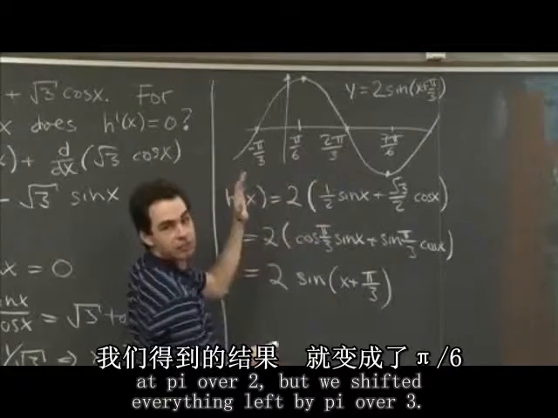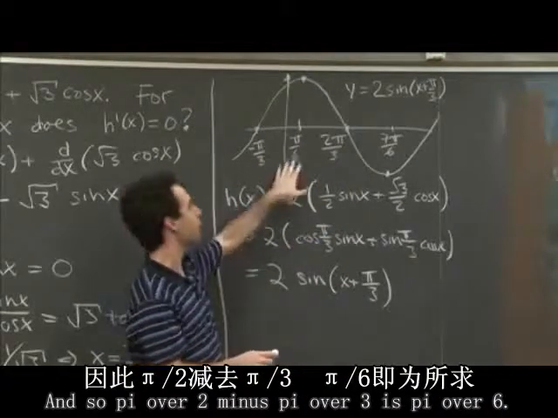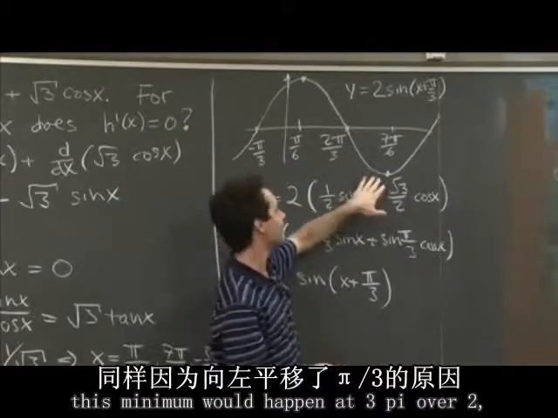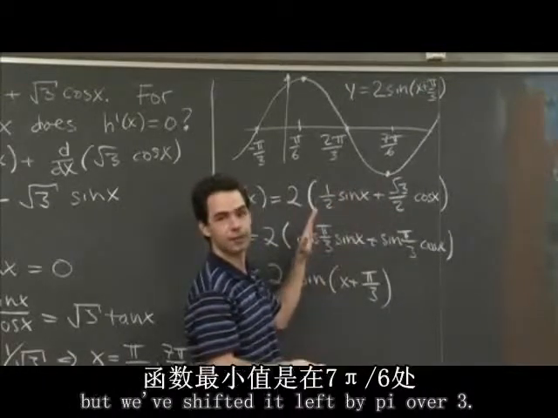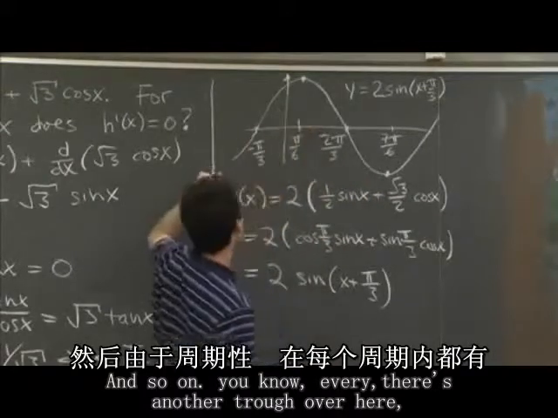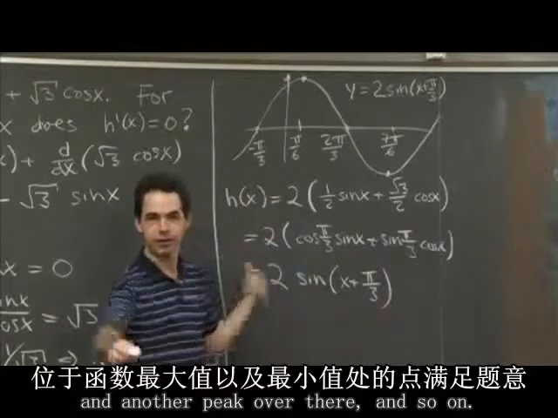But we've shifted everything left by pi over 3. And so pi over 2 minus pi over 3 is pi over 6. And here, for just y equals sine x, this minimum would happen at 3 pi over 2. But we've shifted it left by pi over 3. And so on. You know, there's another trough over here and another peak over there, and so on.